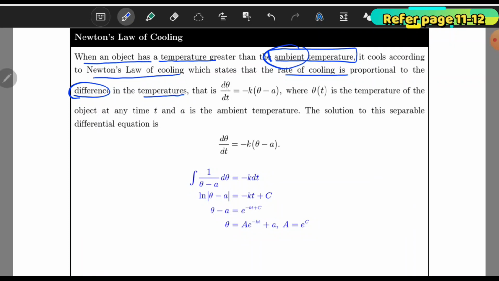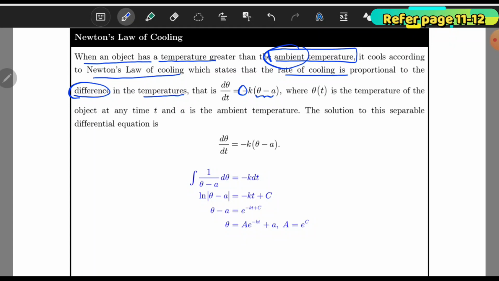So we will get d theta over dt equal to negative k. Negative here because the temperature is decreasing. So this is the decreasing rate, and theta minus A is the difference between the two temperatures.